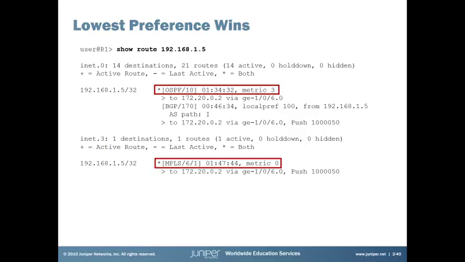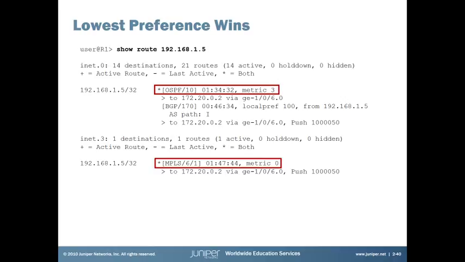However, we also have reachability via the inet.3 table as well. In the inet.3 table, we have this MPLS route, which is to 172.20.0.2 via ge-1/0/60, and we have the push statement on that there.